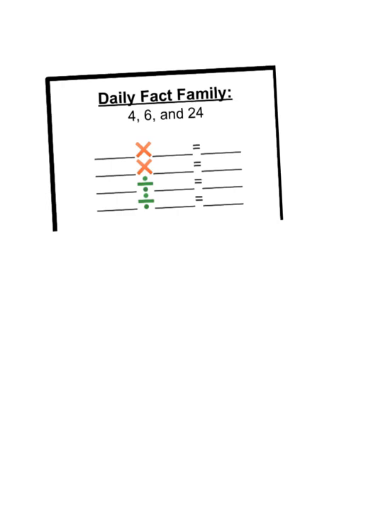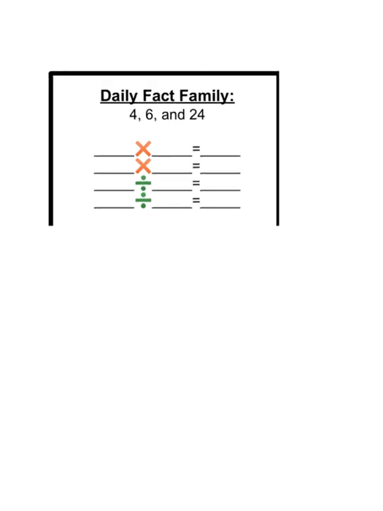All right, here is our daily fact family. Yay! We're going to do our fact family for 4, 6, and 24. So let's see, 4 times 6 gives me 24. And then thanks to the commutative property of multiplication, I know that I can multiply these in either order and they mean the same thing.